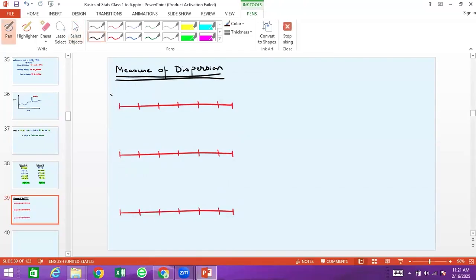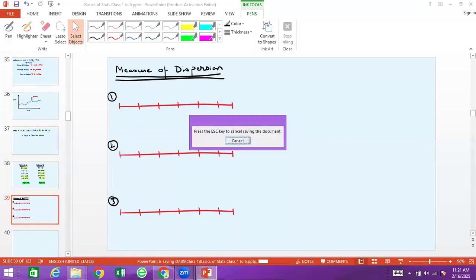Okay, I have three scenarios. I will plot 1, 2, and 3. And we will try to see why measure of central tendency does not always give you the full picture.